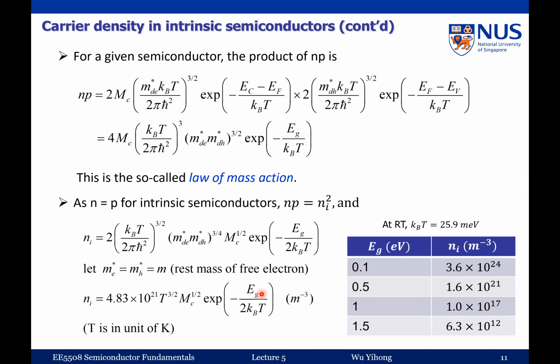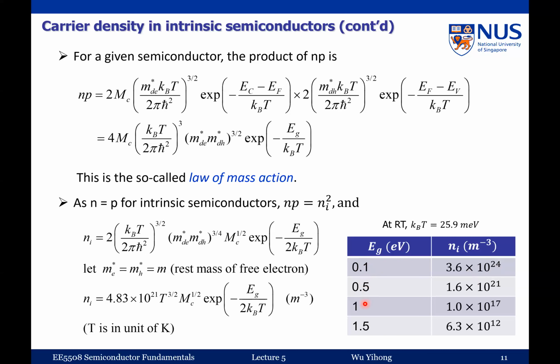Here we just show some values. For example, when Eg is 0.1, what you get is this one. Remember this number is much smaller than that of NC, because NC, remember, is 26. So the electron concentration, even at this small band gap, is smaller.